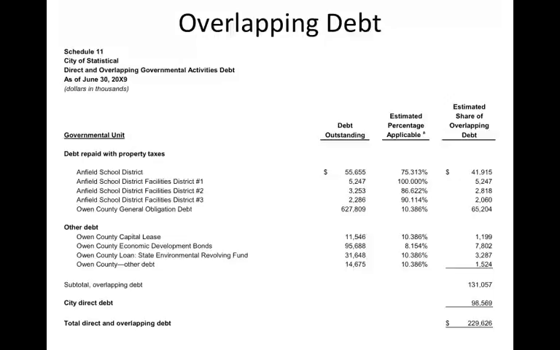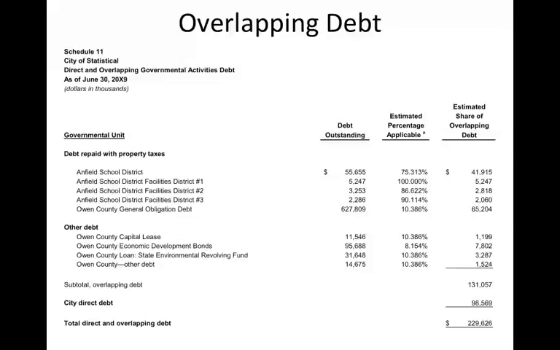It's not a substitute for looking at the direct debt burden as we have up to this point. It's an additional consideration. You can only get at this on an average basis anyway, because you can't look at each of the individual residents and figure out what each of them is paying.